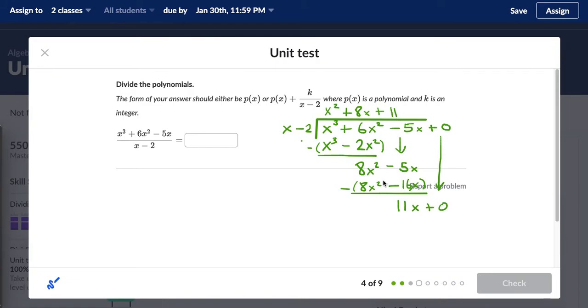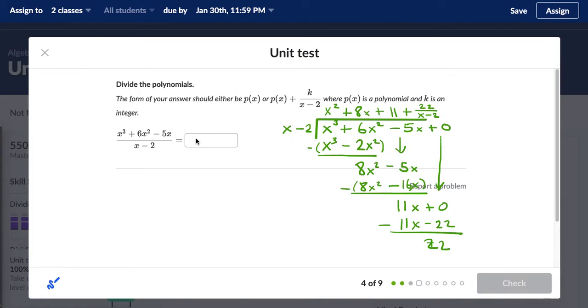So multiplying that in, we get 11x, which we can subtract, and multiplying in this 11 times negative 2, we get negative 22, and we notice that now we actually do have a remainder of positive 22, all right? So we have a remainder of 22, which means that's plus 22 over x minus 2. And that's the reason why we had to bring down this extra 0, which is something that is possible. It's the same kind of principle as making sure that all your x's are within the problem.